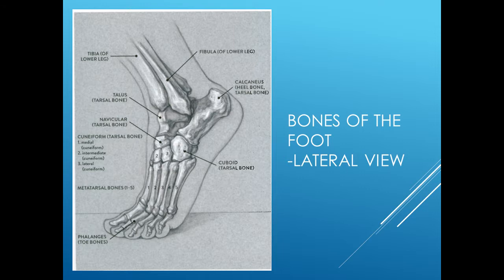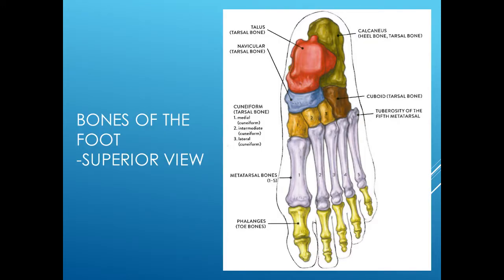All right, so that's a lateral view of the bones of the foot. And here's a superior view, and these are colored and labeled for us to see them easier. The calcaneus, the talus. Here's the navicular, the cuboid, and then these 3 are called the medial, the intermediate, and the lateral cuneiform. Here's the tuberosity. It kind of sticks out. You can actually feel that bone in your foot. You can feel that ridge a little bit.